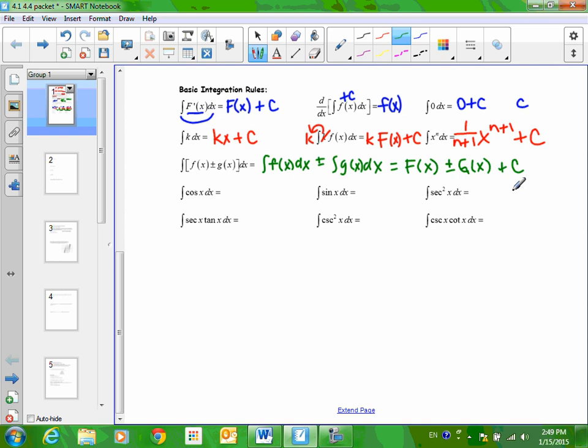Like C is just some number. So if you're adding a number here, and I kind of wrote it this way just so we could have this conversation, if you're adding a number here, and then you're adding a number here, you can just write 1 plus c at the end. We're going to be a little loosey-goosey with c from time to time. I like that phrase. It fits perfectly for what I mean. All right, so if you don't want to, that's fine, but I will be, and it's totally okay.